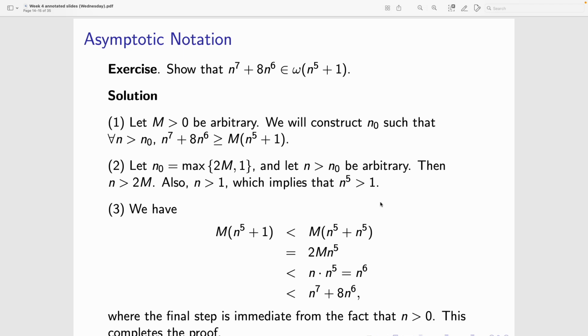Now we've got 3 examples to do. First up, we're going to show that n to the power of 7 plus 8n to the power of 6 is in little omega of n to the 5 plus 1.